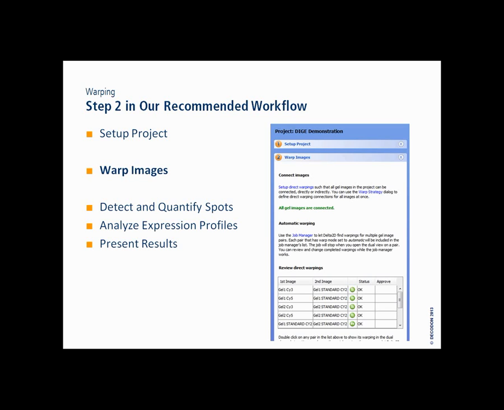We have had 2 webinars about this in the past, one from Tomasz Burzykowski and also another one from me. Tomasz from Hasselt University talked about principles of experimental design, and I then talked about how to set up projects in Delta 2D. And now, based on that, we want to warp images along their similarity. How can that be done?